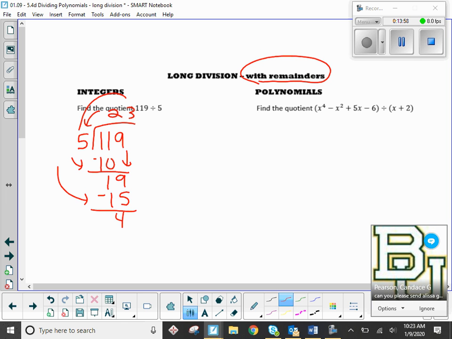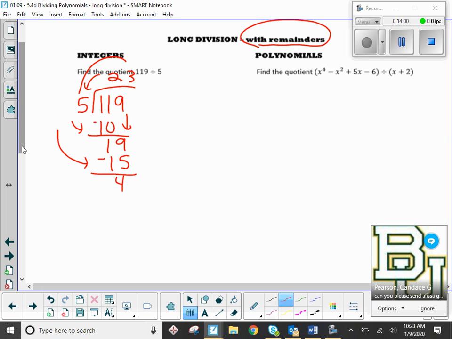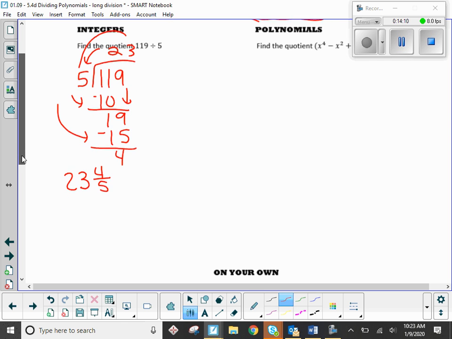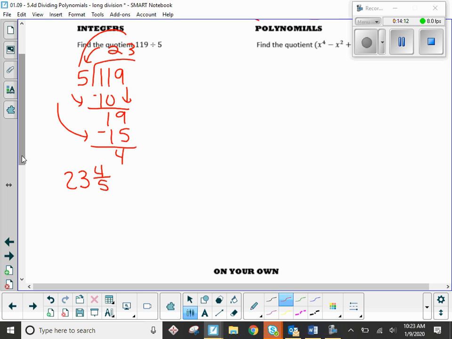Okay, so this is where I'm going with this. Remainder 4. So if you were not trying to get a decimal, you could just write this as a mixed number, 23 and 4/5. Something you might not remember about this form right here is it means addition.